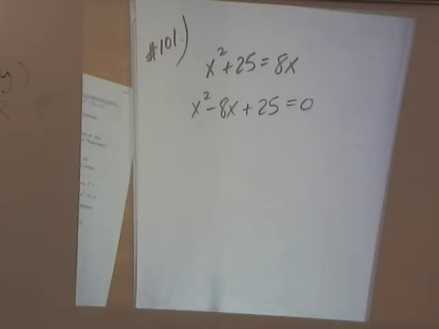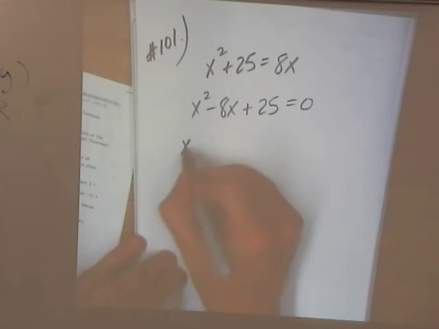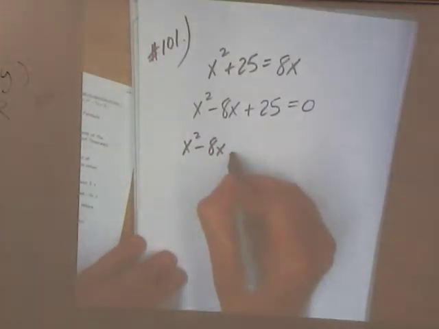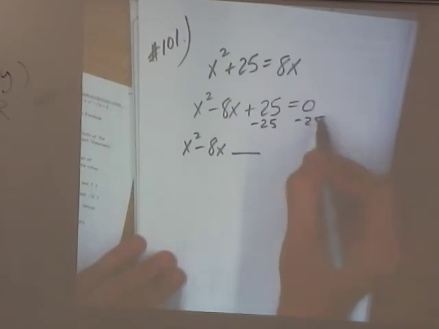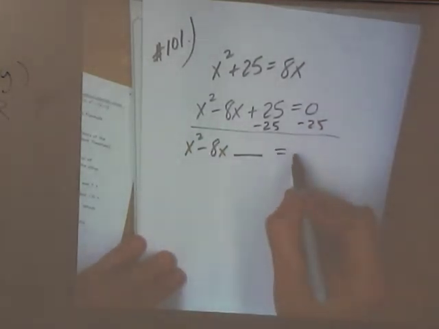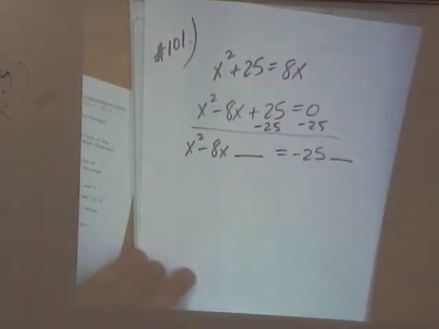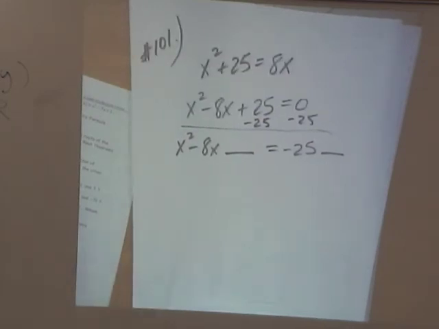My B is even, so I would complete the square on this one. So I'd have x squared minus 8x, leave a space, move this 25 over, right? Equals negative 25, leave a space. What goes in the space?